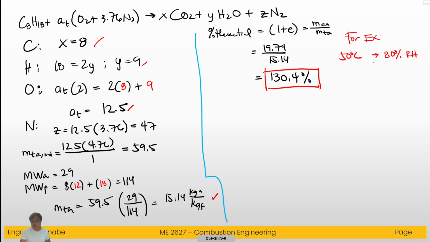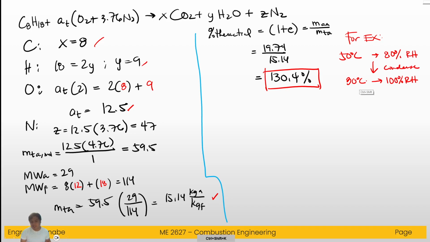So if you sensibly cool this, let's say it becomes 30 degrees Celsius, what happens is it will condense and this will be 100% RH, right? So some of the water vapor in this relative humidity cannot be held by this moist air. So some of it will condense, no?